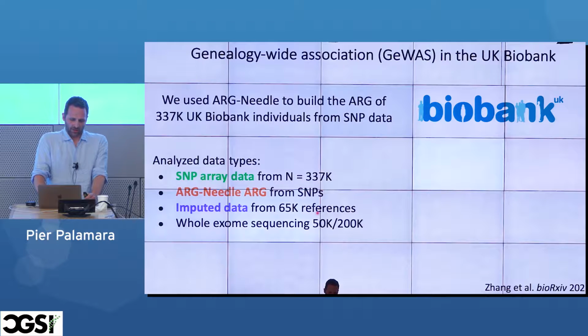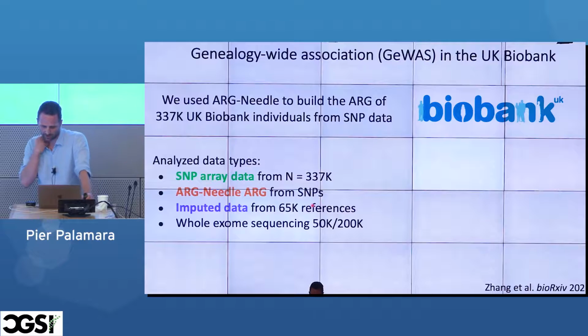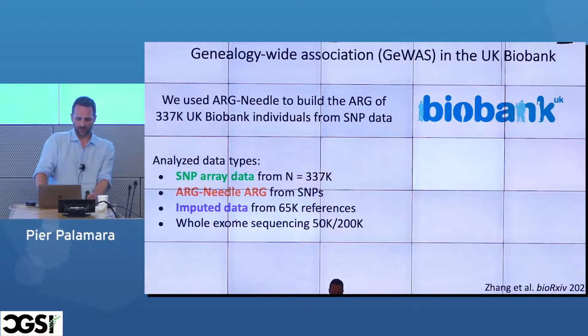And you have imputation, which at the time of this analysis was 65K haploid phase genomes from the HRC imputation panel and UK10K. And then we also have some exome sequencing data, so 50K, and then at some point 200K came out. So we can validate associations that we find using the exome sequencing for each of these methods.